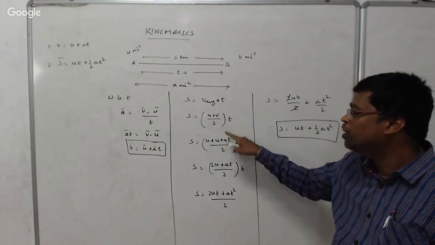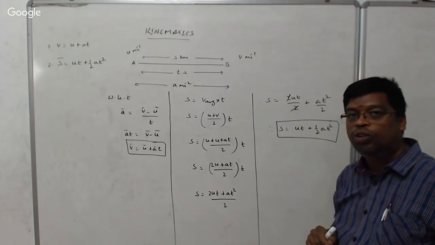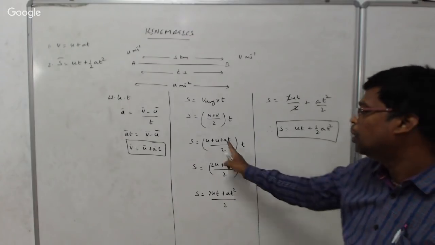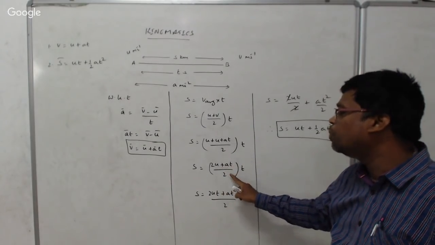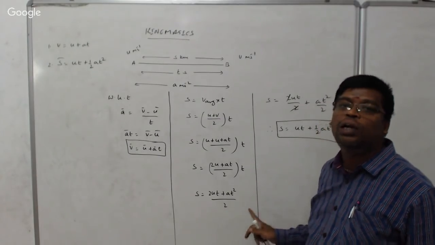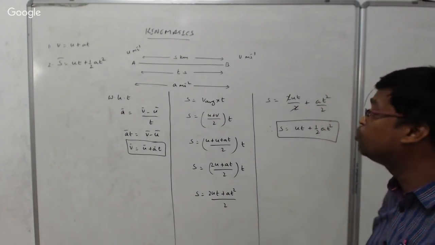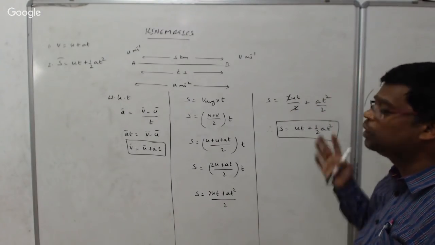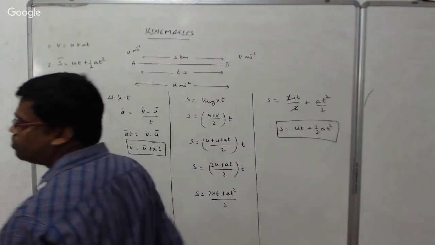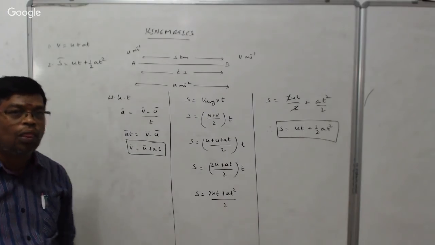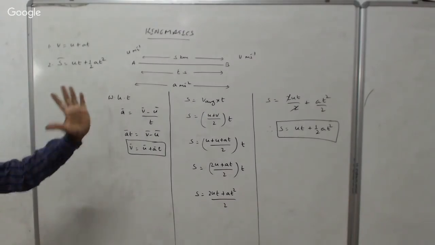In the place of v, we took v is equal to u plus at that we used there, and (2u + at) by 2 into t. Now multiply with the t, (2ut + at²) by 2. Now split the expression, 2ut by 2 plus at² by 2. The 2 gets cancelled. And the final expression for the distance or displacement, s is equal to ut plus half at². Understood? Okay.